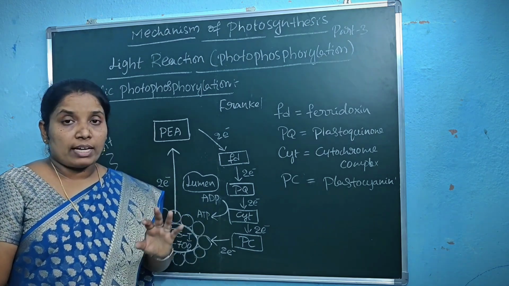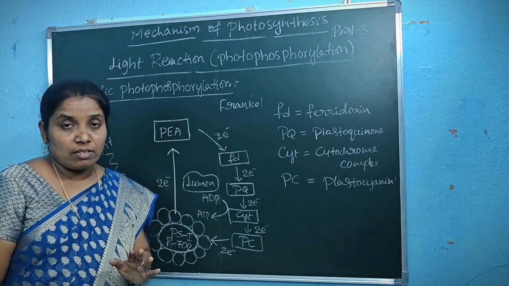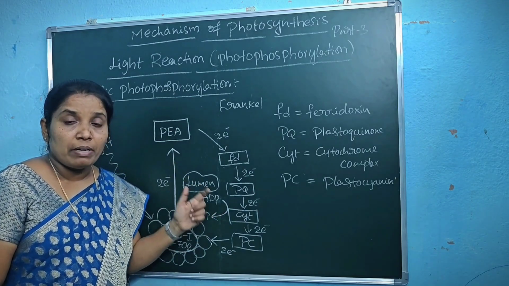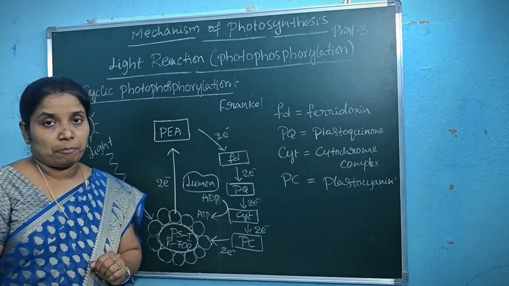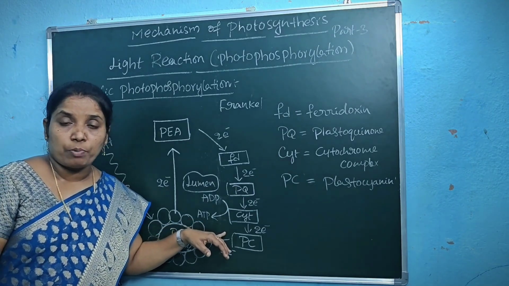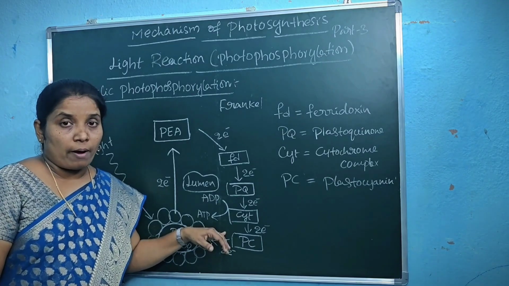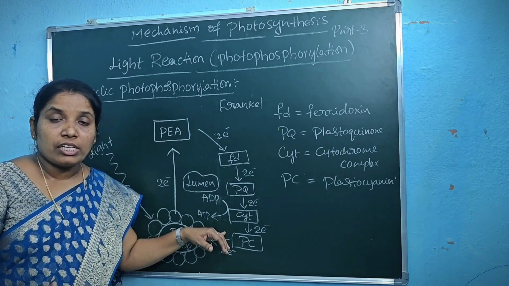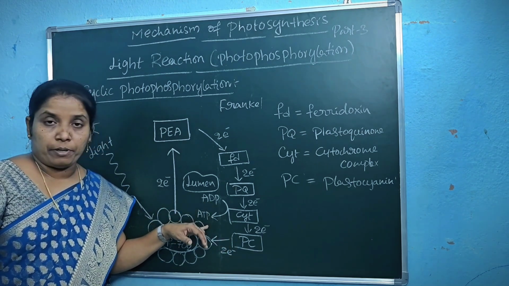When the protons pass through the ATP synthase, they release energy. That energy will be utilized by the ADP for the formation of ATP. When they come back to the stroma, they release energy, and that energy is used up by the ADP for the synthesis of ATP.